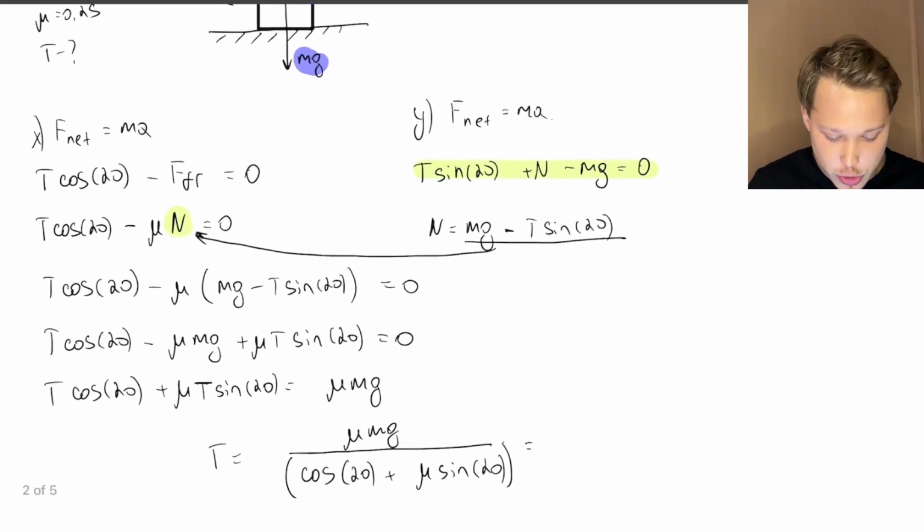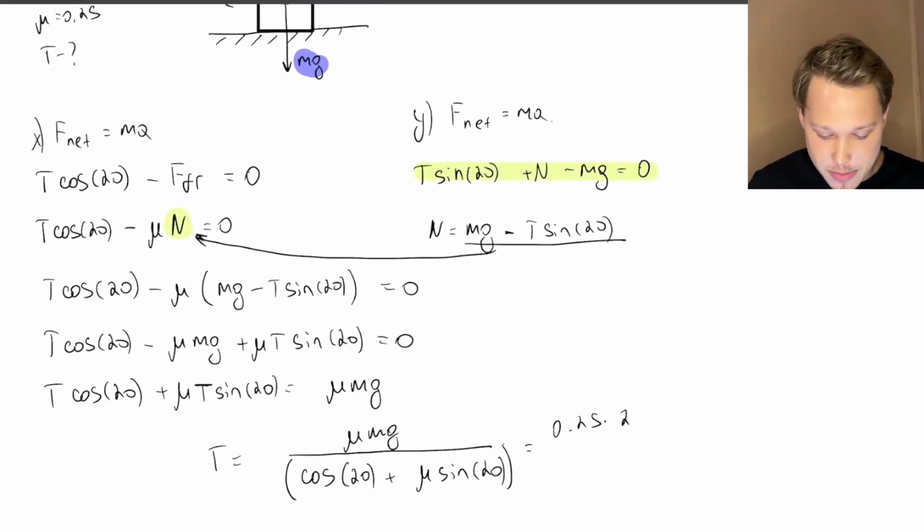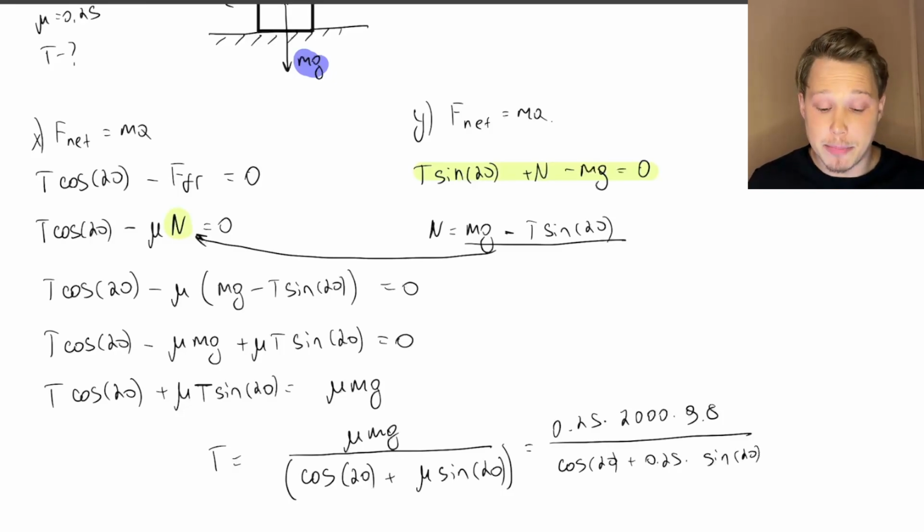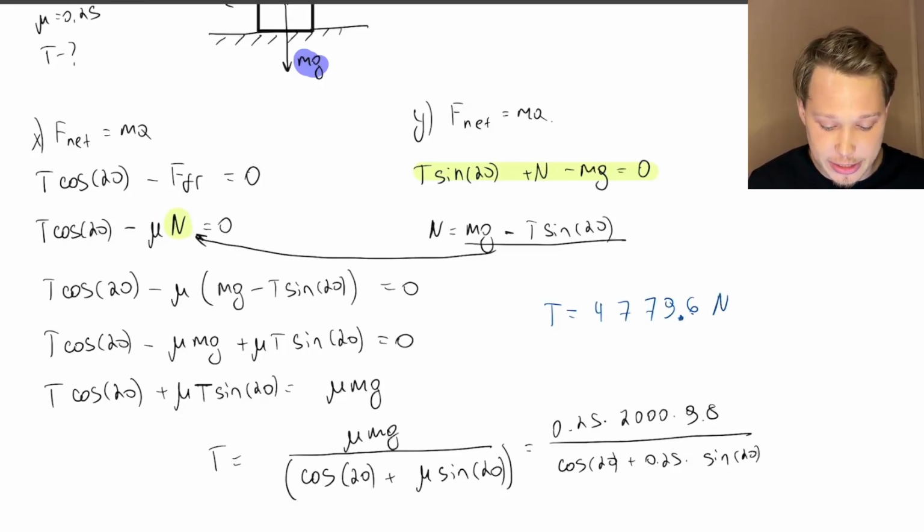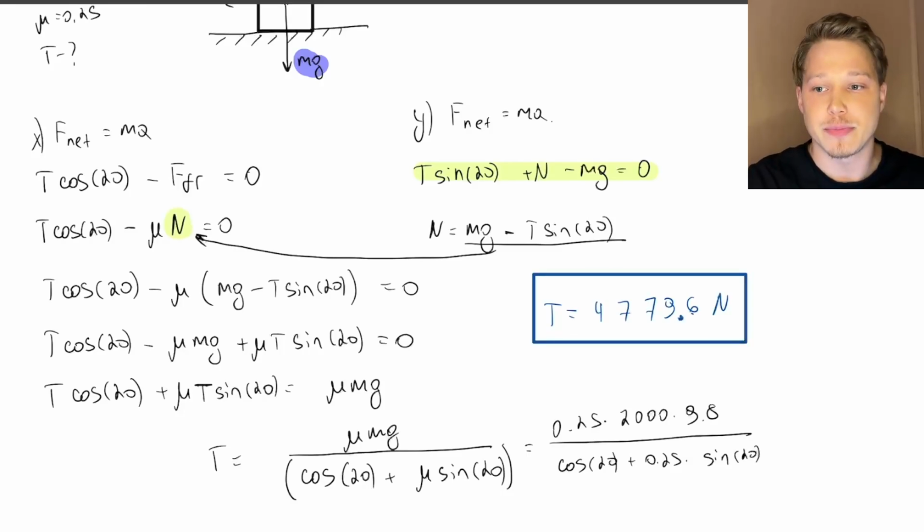So mu was 0.25, the mass was 2000 kilograms, g is 9.8, cosine 20 plus 0.25 times sine of 20. And once I plug this into a calculator, I have my final answer for tension, which is 4,779.6 newtons, right? Don't forget the units. And here we have the final answer.